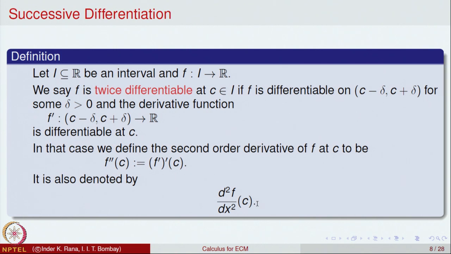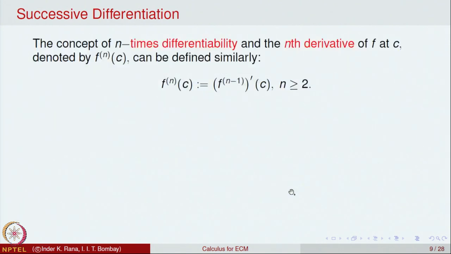One also denotes the second derivative by d square f by dx square at the point C. So, the first derivative was df by dx, and now the second derivative is d square f by dx square. So, there is a notion of the second derivative. One can go on defining higher order derivatives. The concept of n times differentiability and the nth derivative of f at c we can define as follows.